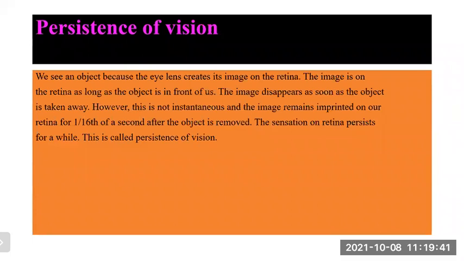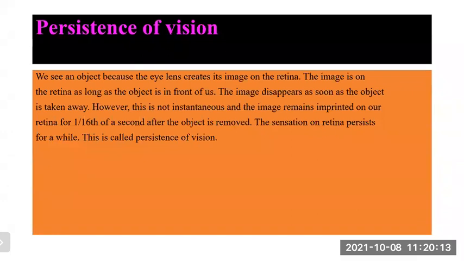So this is called the persistence of vision. Got it? See, if you have some object in front of the eyes, its image will be formed on our retina and we are able to see that object. Afterwards, if the object is removed from that place, the image will also disappear, isn't it? But it is not that instantaneous.